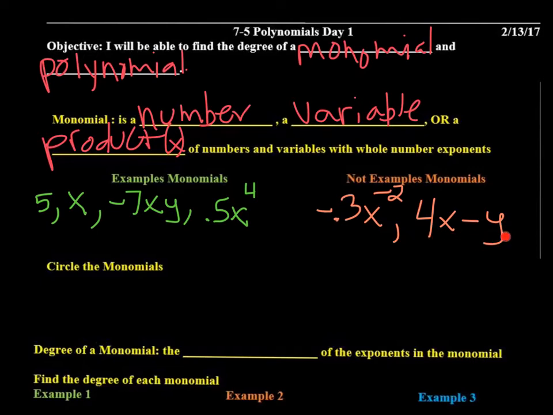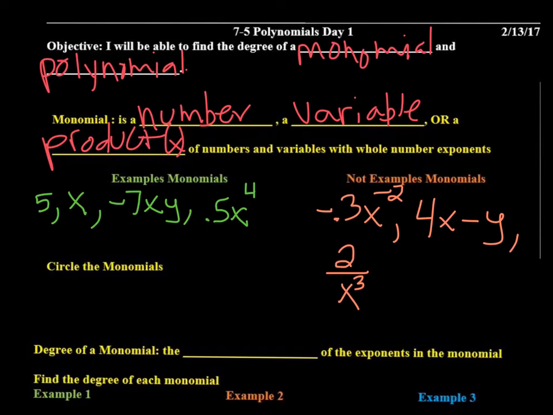So 4x minus y is not a monomial because of the minus sign. Another example that is not a monomial will be something like 2 over x to the third power, because we have a fraction, or in this case you can call this division, that will make it not a monomial as well.